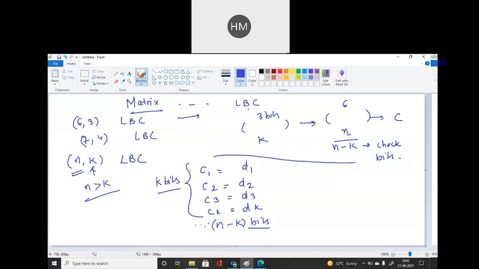Now in continuation with this, students, you have to write C(k+1). C1 till Ck. What will come after k? The k plus 1 bit.